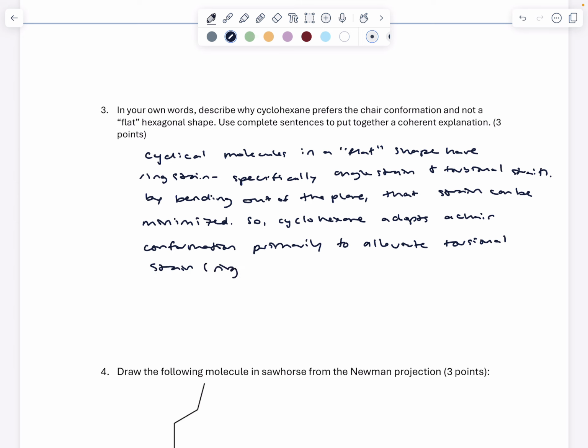Ring strain is less of an issue with cyclohexane. It gets closer to 109.5 than any of the other ones do. So it has a better angle on it.